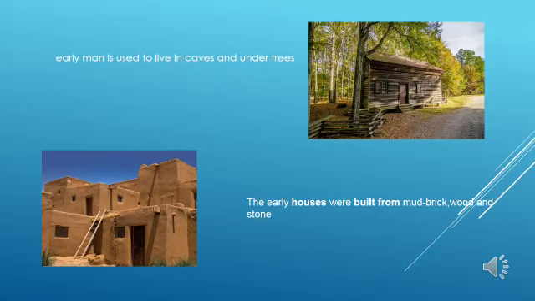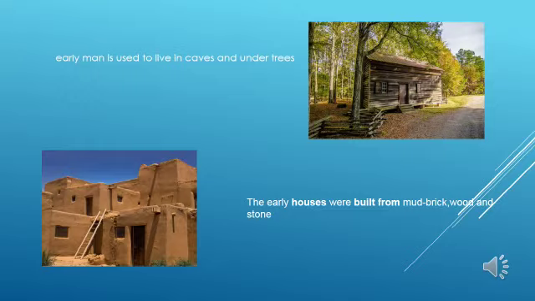In the early era, men used to live in caves and under trees. In that era, man was not much different from animals. With the passage of time, man started making shelter for himself.